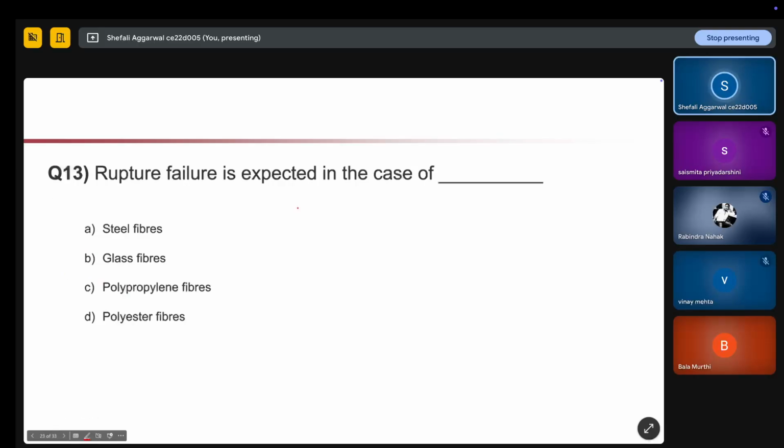Rupture failure is expected in the case of steel fiber, glass fiber, polypropylene fiber, or polyester fiber. Glass fiber. Anybody else who thinks some other option is correct?